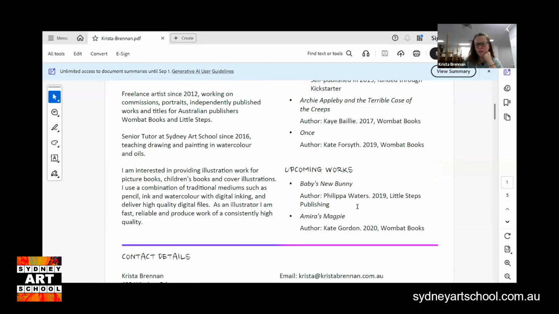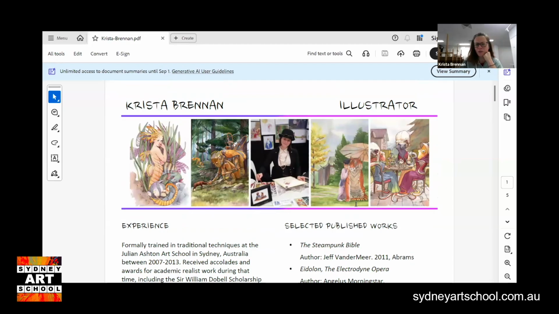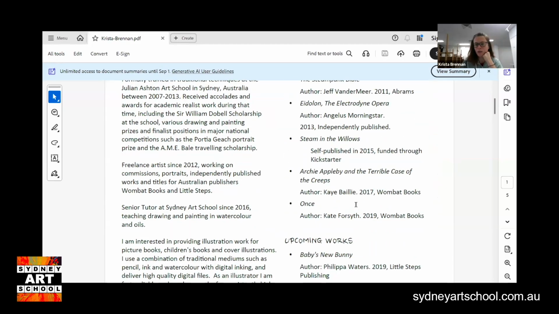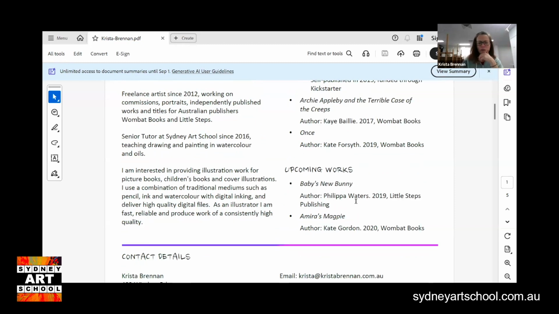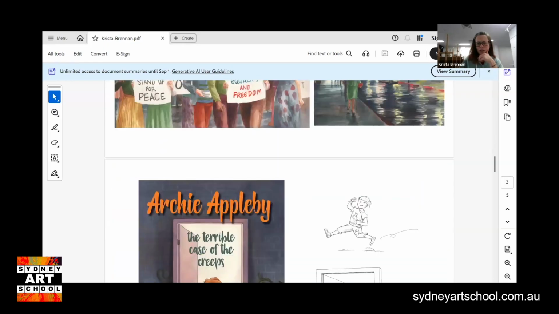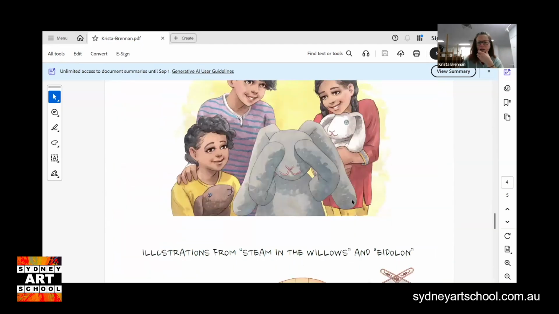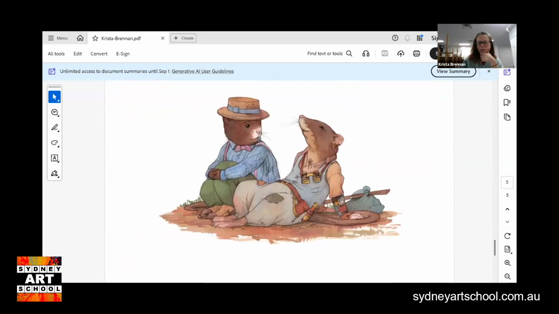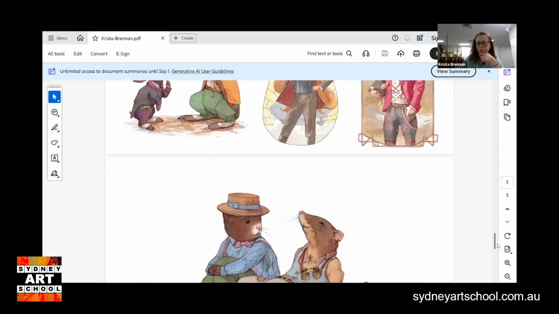And this is for illustration projects. This is a resume that I sent out to different publishers when I wanted to update them on where I was at in terms of works that I produced and so on. I then also attached select illustrations. These were all for Wombat Books, who I've worked with a number of times, so there's a selection of illustrated works in my resume as well.